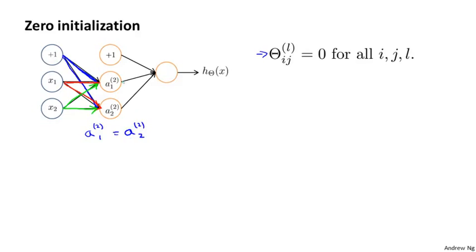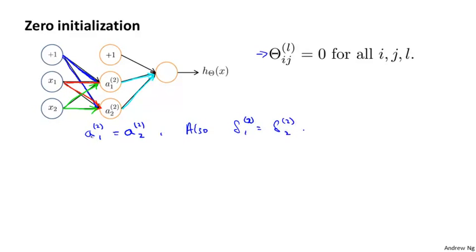And moreover, I'm not going to show this in too much detail, but because these outgoing weights are the same, you can also show that the delta values are also going to be the same. So concretely, you end up with delta1(2) equals delta2(2).